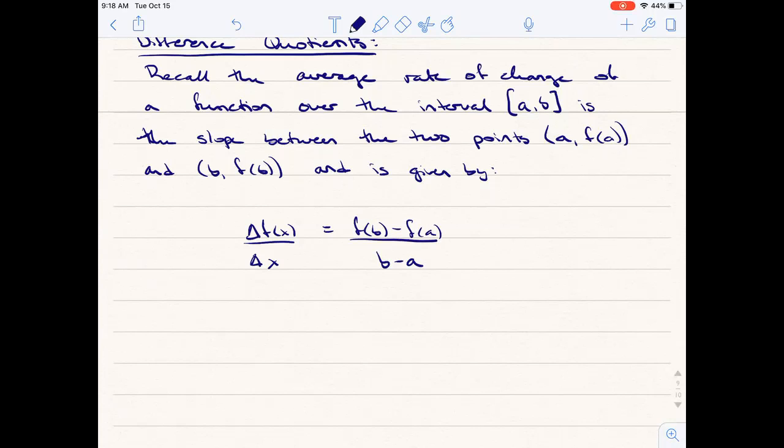So we've got a difference over a difference quotient.